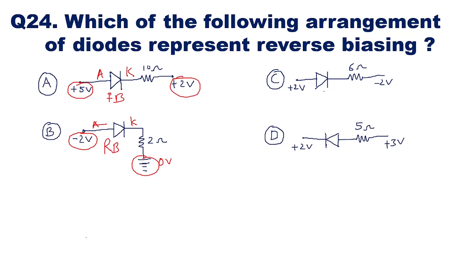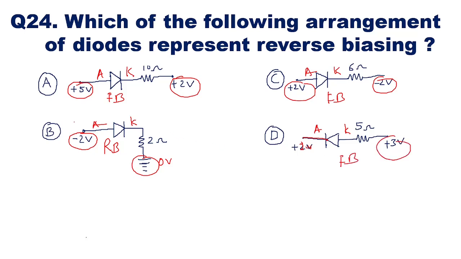In the third option, the anode is connected to plus 2 volt and the cathode is connected to minus 2 volt. So this is again forward bias. In the fourth option, this is the anode and this is the cathode. The cathode is connected to plus 2 volt and the anode is connected to plus 3 volt. So again this is also forward biased.